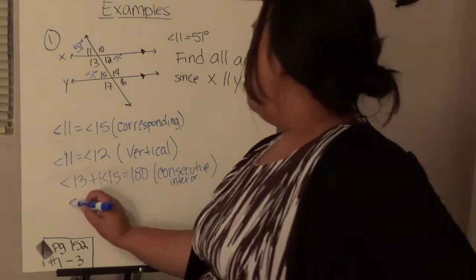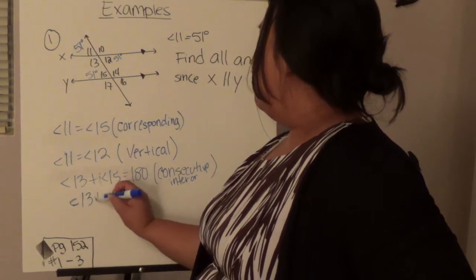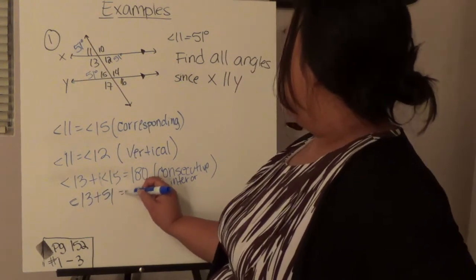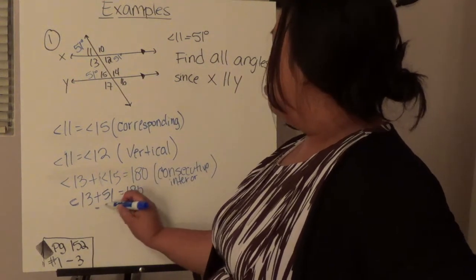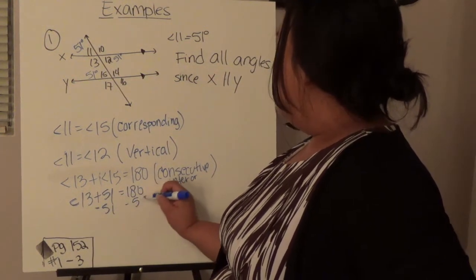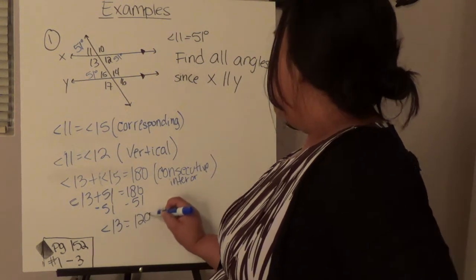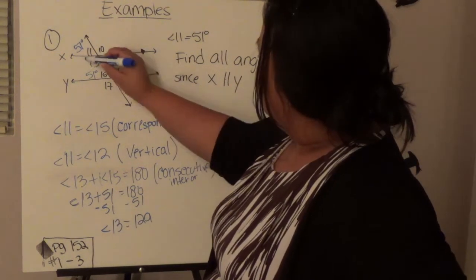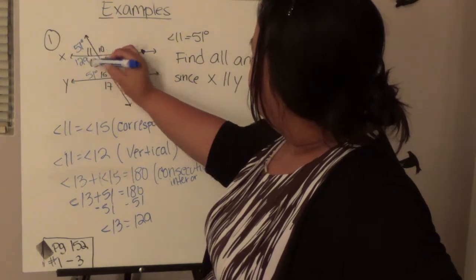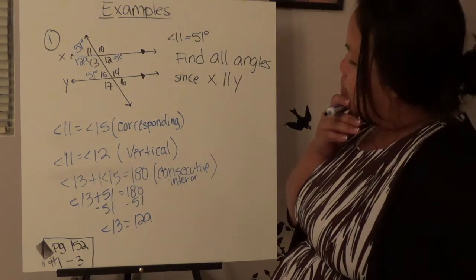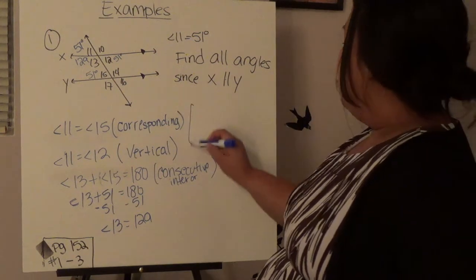So if angle 15 is 51 degrees, then that means I can subtract 51, and I know that angle 13 equals 129. Okay? So let's find some more.